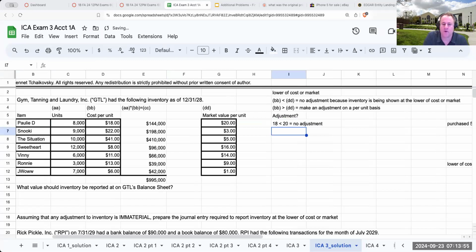Over here, the cost per unit is greater than the market value per unit of 3, so we're going to have to make an adjustment. Over here, the cost per unit of 41 is greater than 5, the market value per unit, so we're going to have to make an adjustment for this situation. Over here, for Sammy or Sweetheart, 8 is less than the market value, so no adjustment.